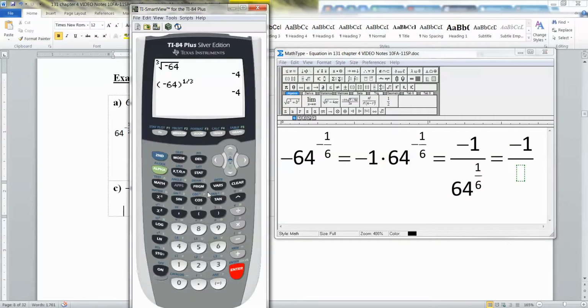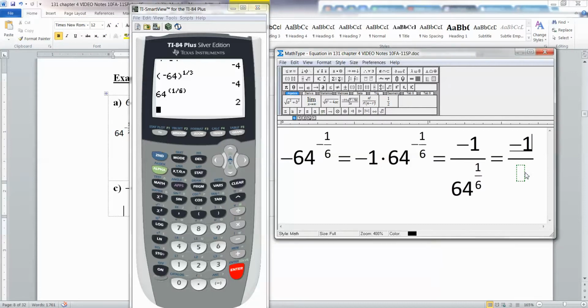Now 64 to the 1/6, again, ick. So let's make our calculators do it. You could do 64 to the parentheses 1/6. Actually, I don't even think you need parentheses on my calculator, but just to get you guys used to it. It's 2.